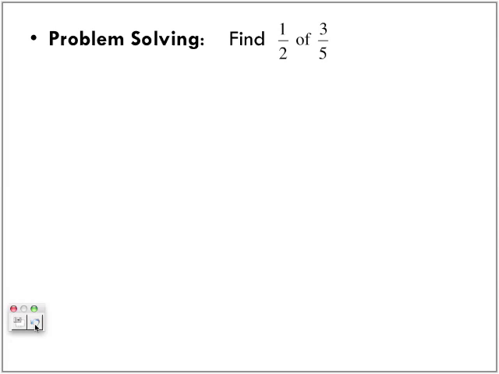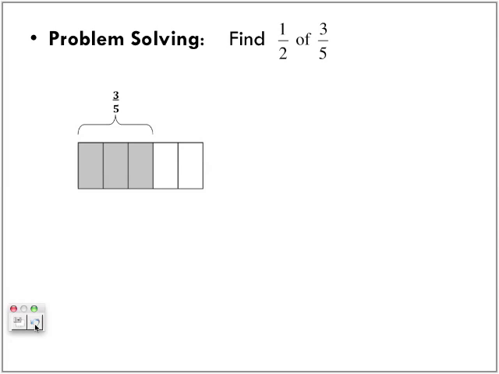Now, solve the following problem. We want to find half of 3 over 5. Let's look at it in terms of a diagram. We're trying to find half of something. What is that something? 3 over 5. So here's 3 over 5.